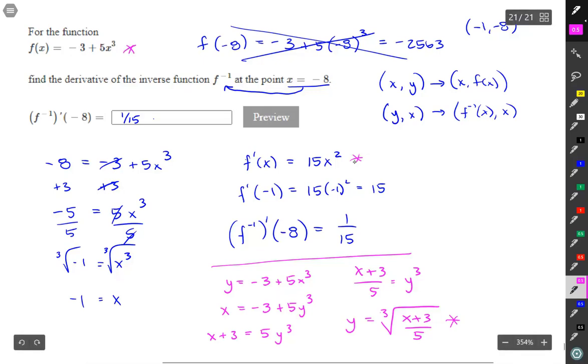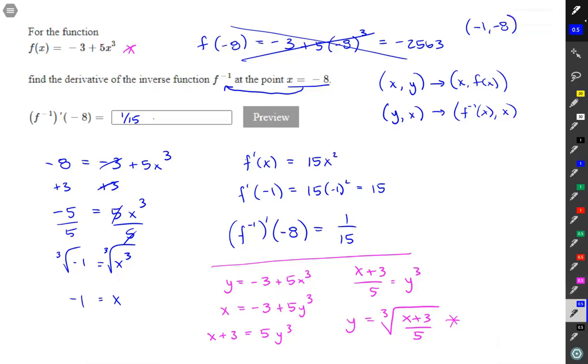And because of the ability to use the relationship that inverses have inverse slopes at their tangent lines, we can choose whichever one's easier to do and go with that one.